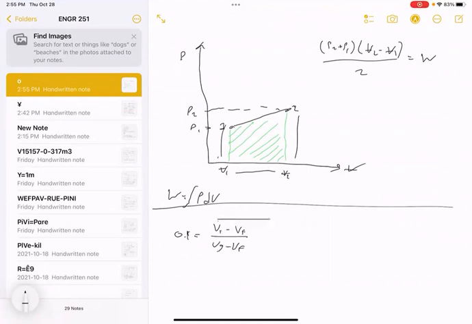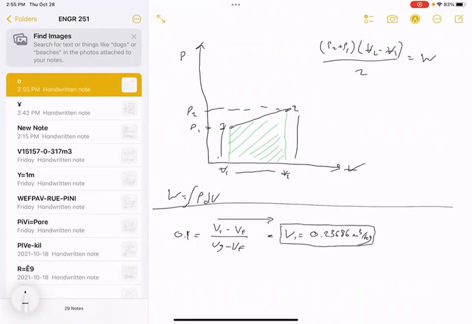If we work it out, we'll get that V1, the specific volume at state 1, is equal to 0.23686 meters cubed per kilogram. And if you don't know how we got this, I recommend you look back at the videos from chapter 2.